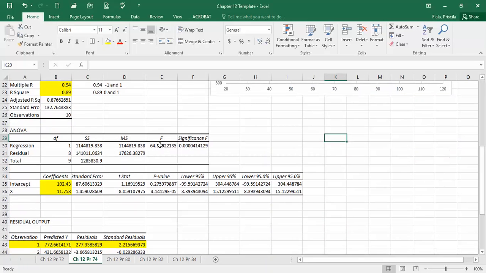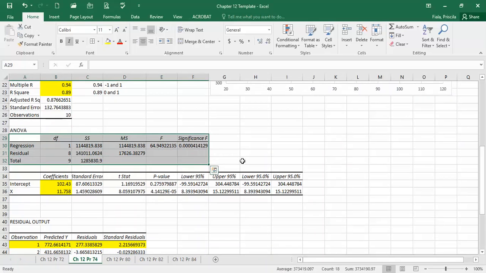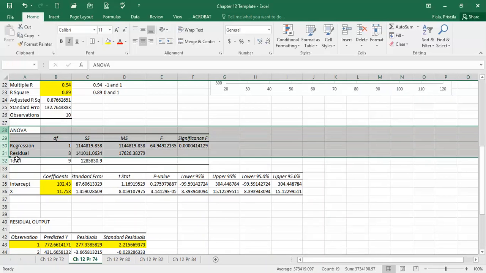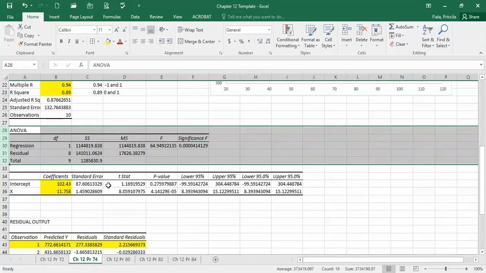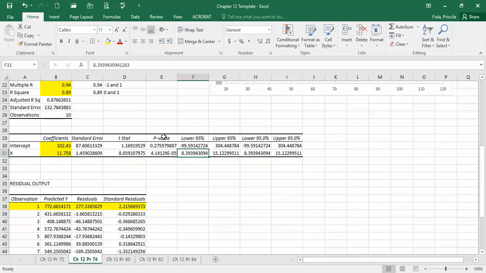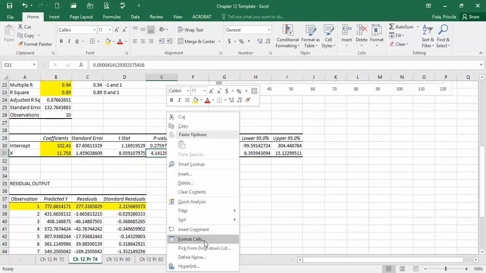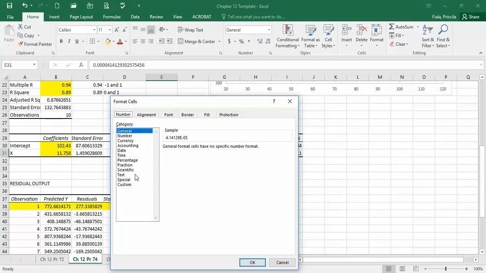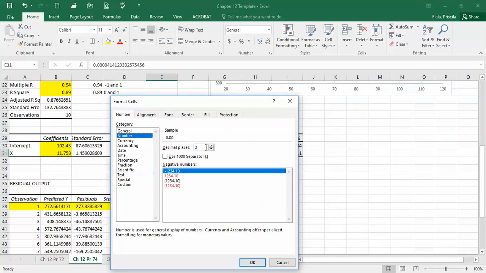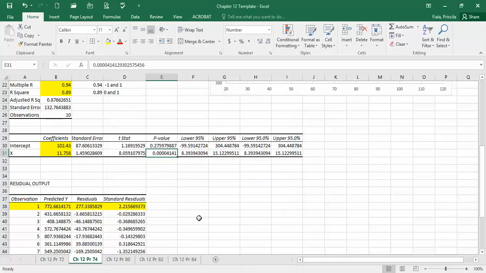And this you're going to be using for the next chapter. You could even go ahead and delete it from here if you want. Right here, I believe there is a question that talks about rejecting or accepting a null hypothesis.